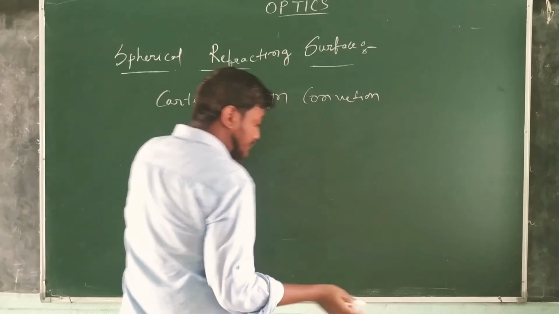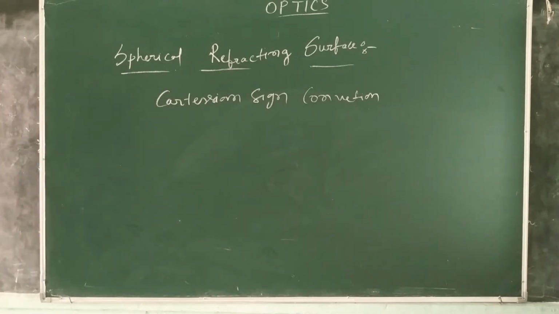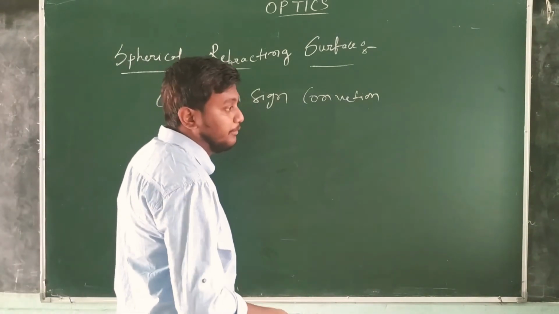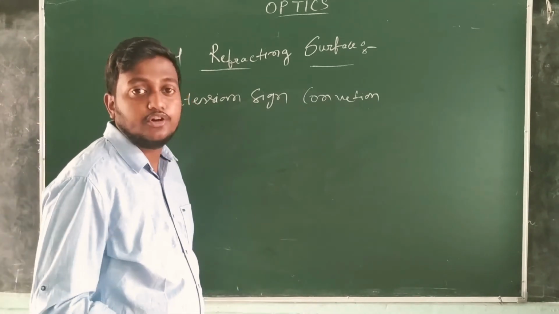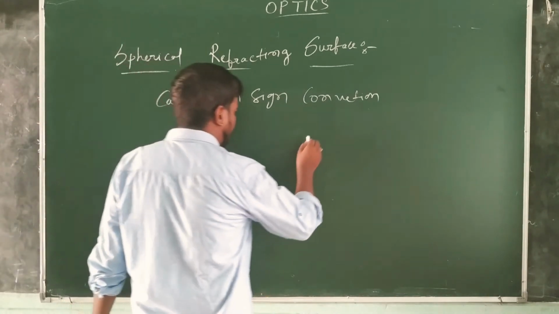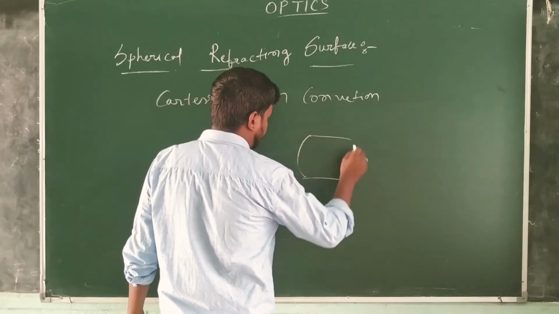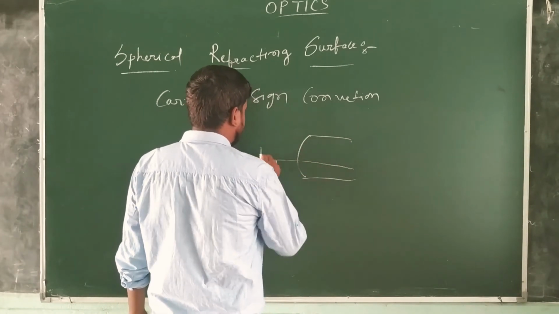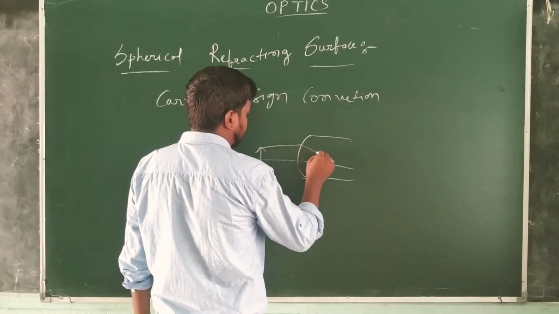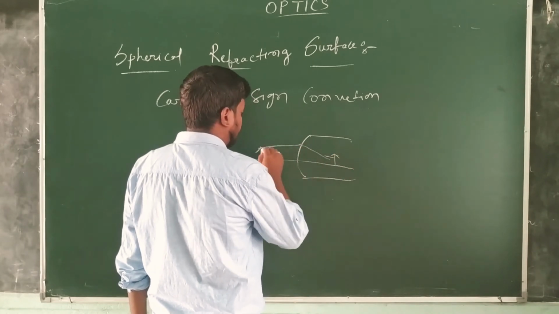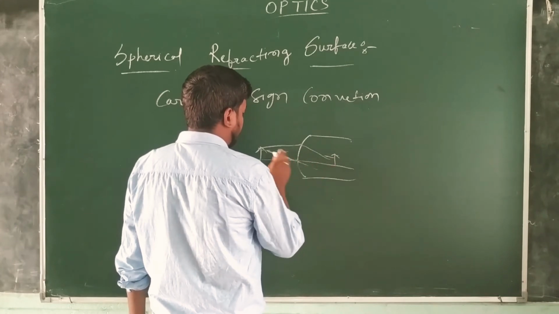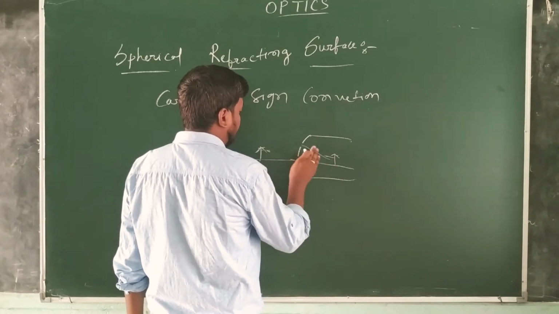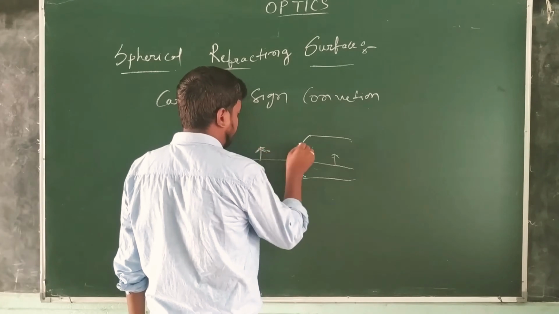Just like the spherical mirror, the Cartesian sign convention for the spherical refracting surface is also the same. Suppose we consider one refracting surface. We place an object here. Suppose the image is formed from here.